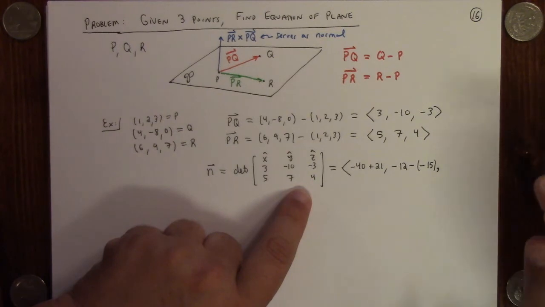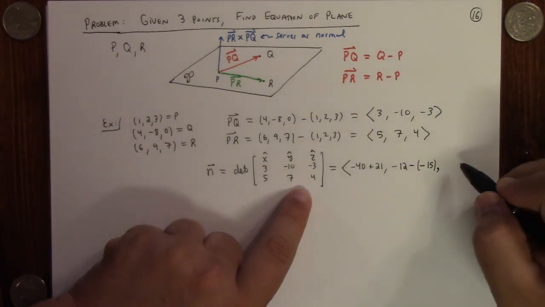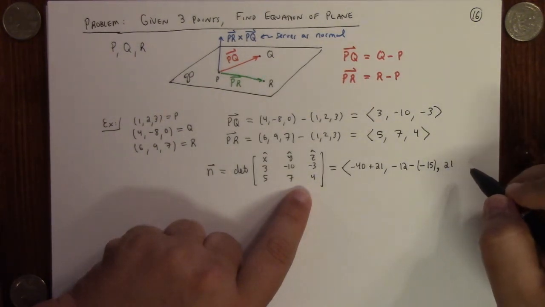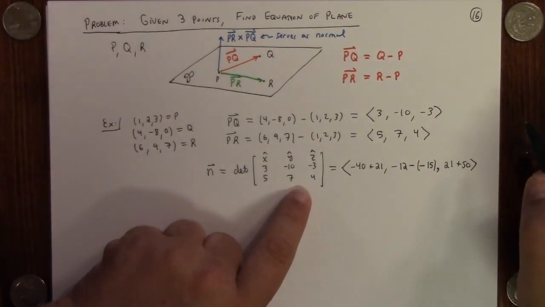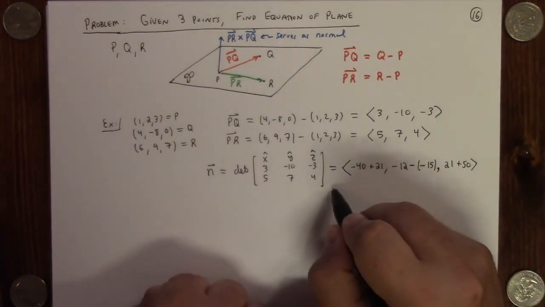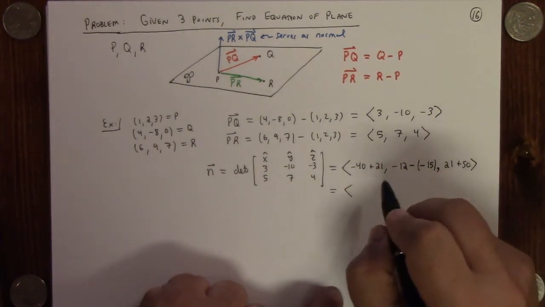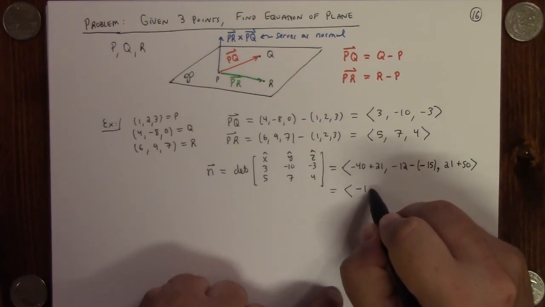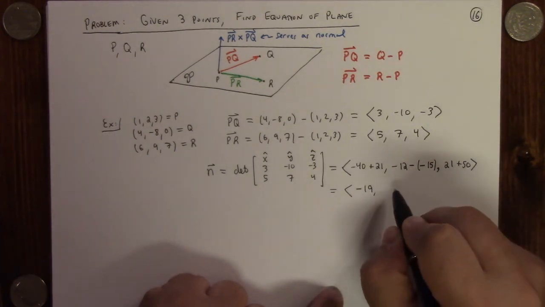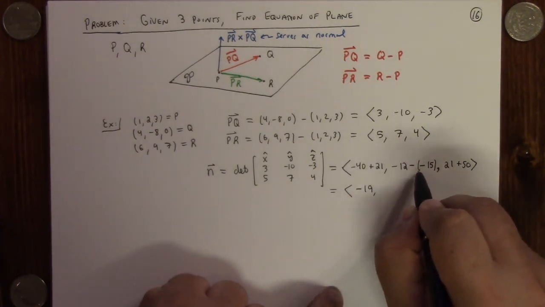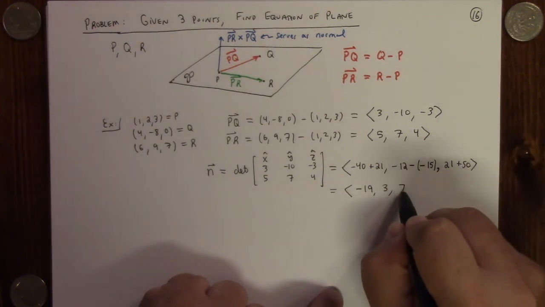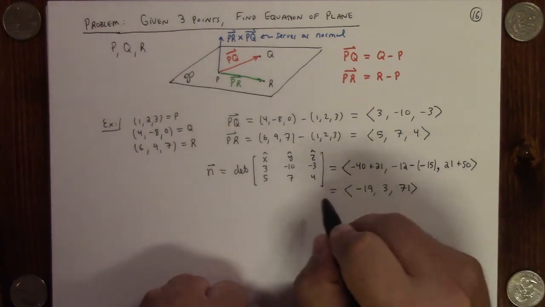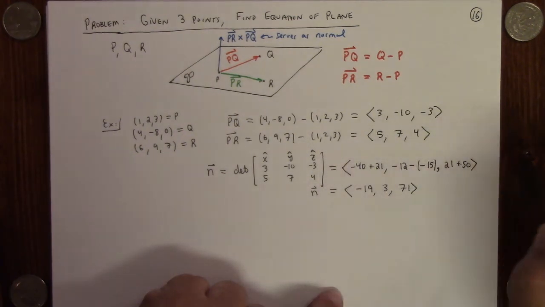We need to check our answer when we get through this. 21 minus a minus 50 is plus 50. All right, so allegedly the normal vector is minus 19, 3, 3, and 71. Not sure I believe that just yet.